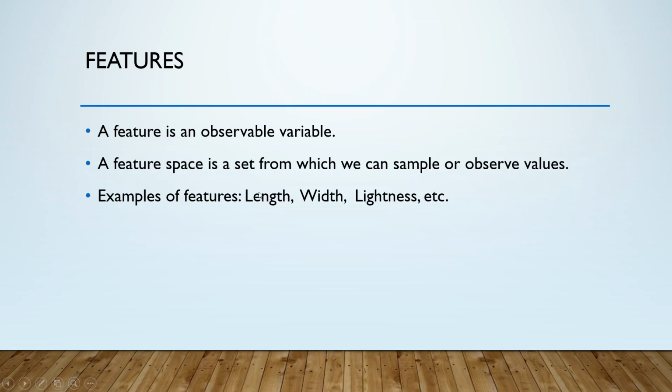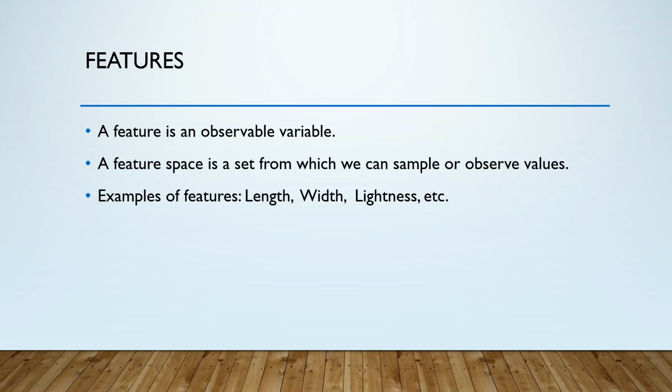In the last class we talked about features. Let us recapitulate features in correspondence with this fish classification problem. A feature is an observable variable. A feature space is a set from which we can sample or observe values.